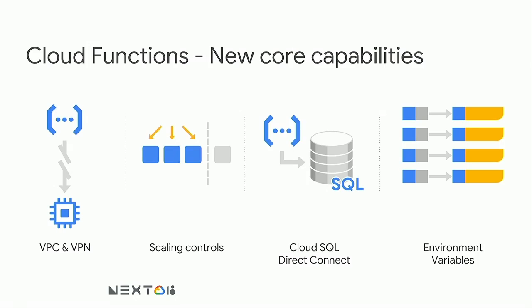All right. So the newest capabilities that have been announced as well, that's the VPC and VPN access. So you can say when you deploy your function that your function is tied to a particular VPN network. So with that, what that means is that, let's say you already have some VMs running on Compute Engine, your function is able to access those VMs and chat with those VMs. So it's not two separate worlds anymore.